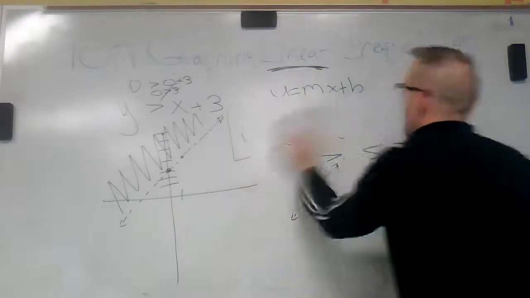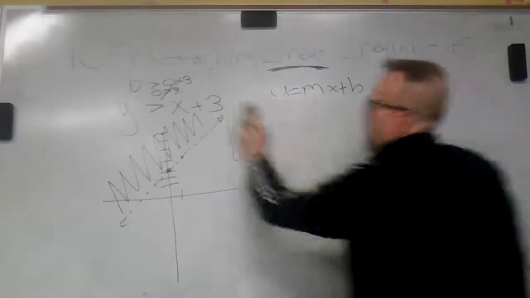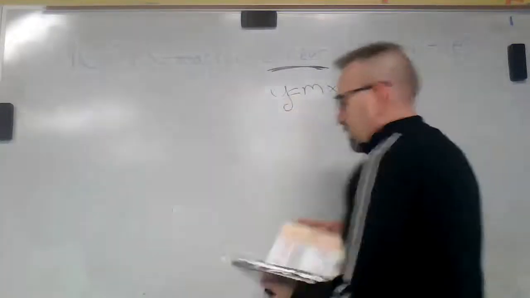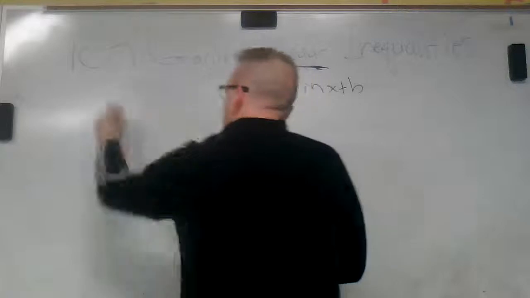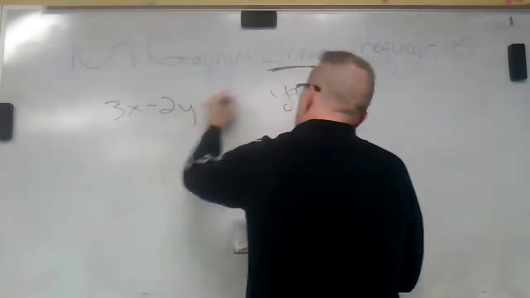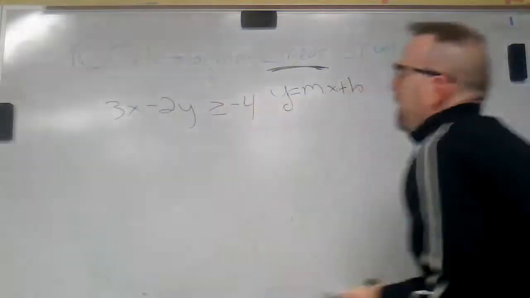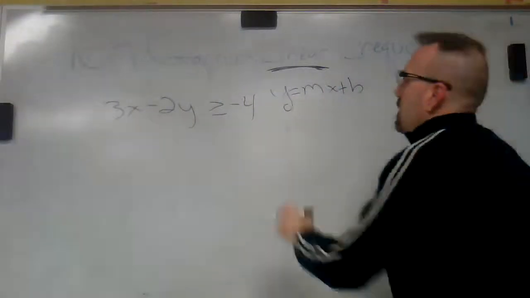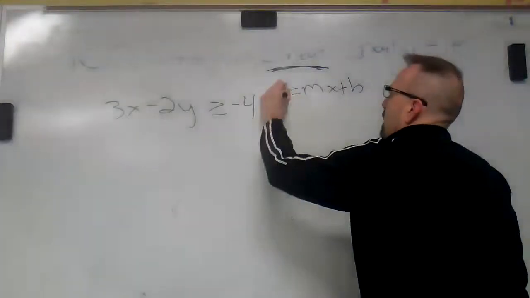Okay, so let's take another. Oh no, let's take where we've got to solve for y. We'll do a couple of those. So we have 3x minus 2y greater than or equal to negative 4. So remember, we want to get y by itself.